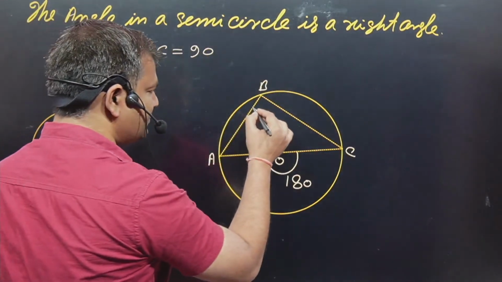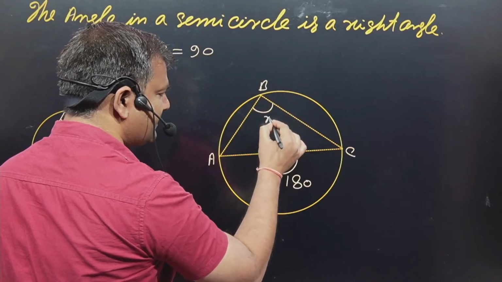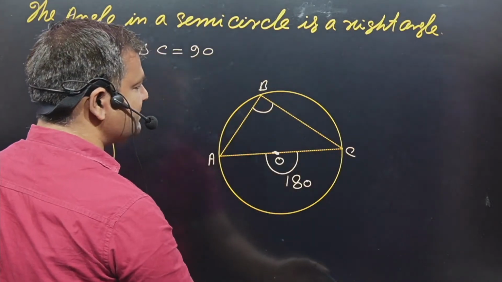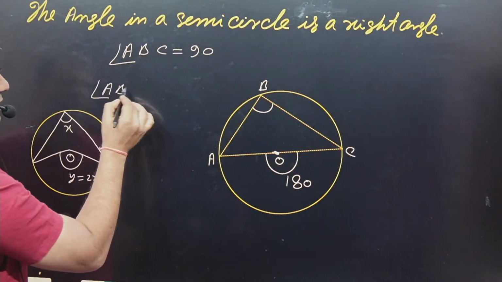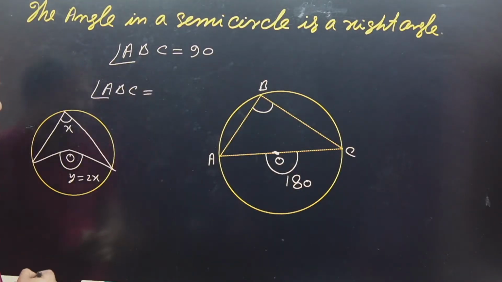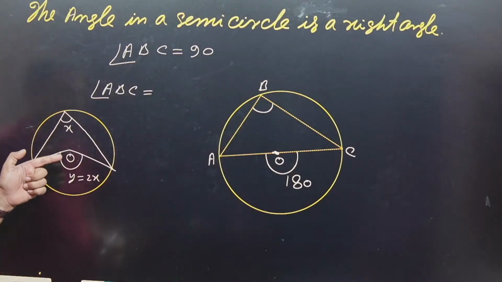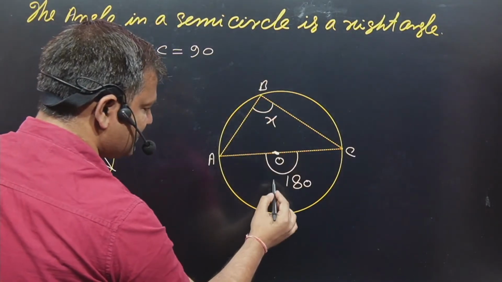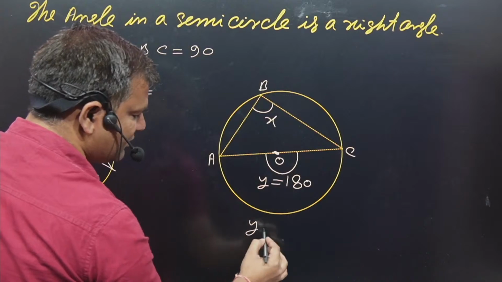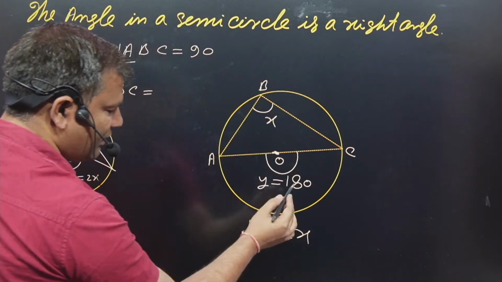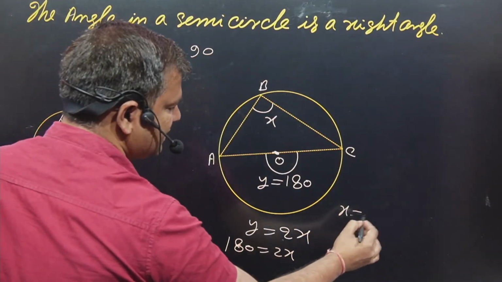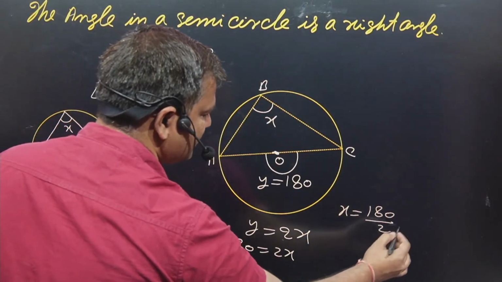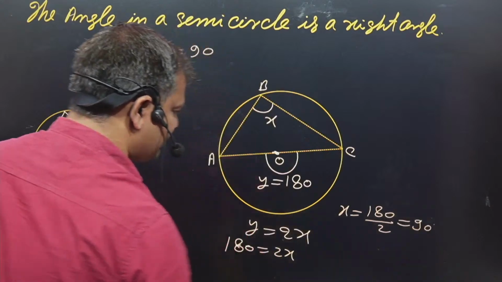Whatever the angle, suppose it is X, or simply angle ABC. If this is X and this is Y, then Y is equal to 2X. So Y is basically 180, so X is equal to 180 by 2, that is 90 degrees. Clear or not?